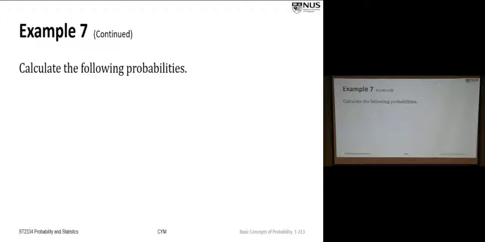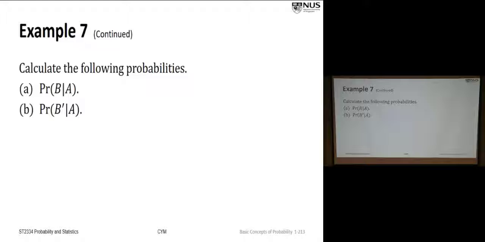So now we want to calculate the following probability. First one, given that we know that the morning session is a bad lecture, what is the chance that the afternoon is also a bad lecture? We also would like to know what is the chance that if the morning is bad, then the afternoon is not bad.